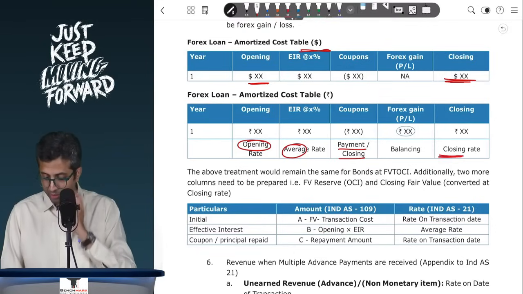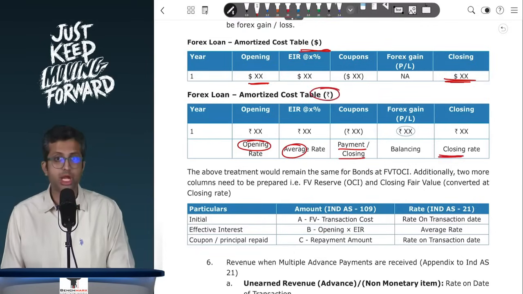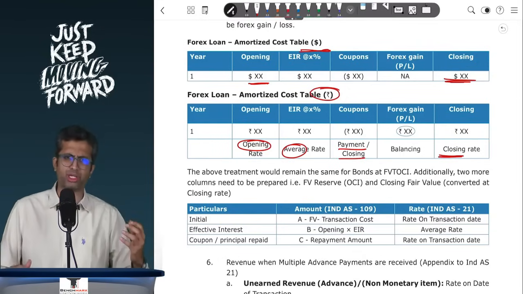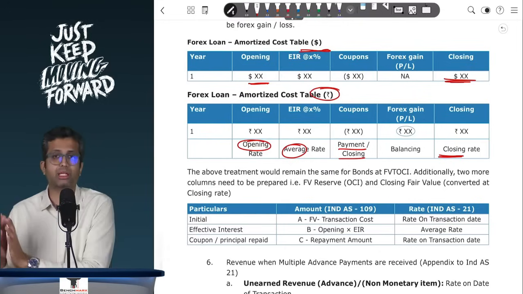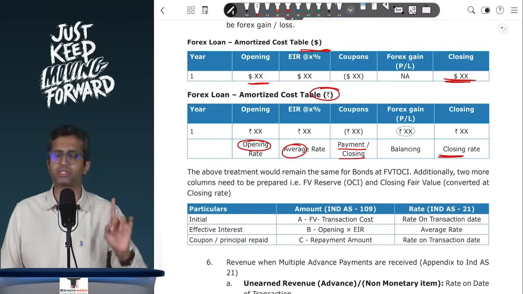Now the thing is, when you convert this table into rupees, you will see certain balances being converted at the opening rate, certain at the average rate, certain at the closing rate. So if this amortization table was tallying in dollars, will it necessarily tally in rupees? The answer is no. Why?